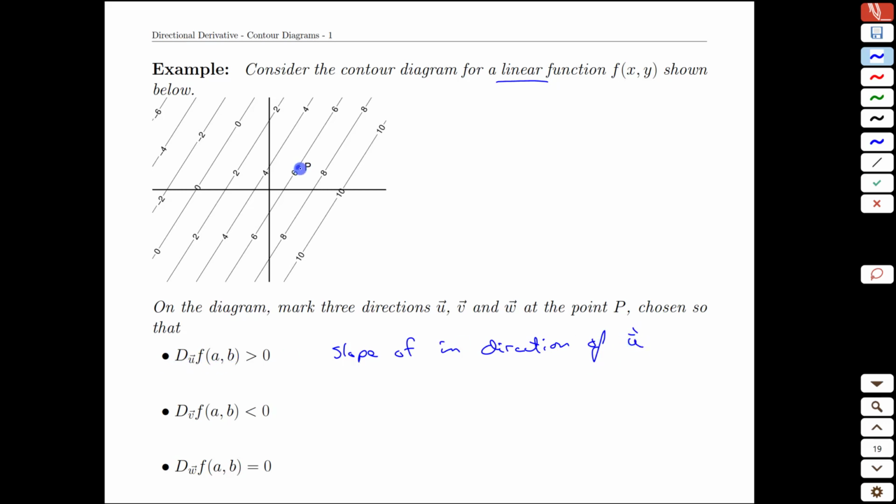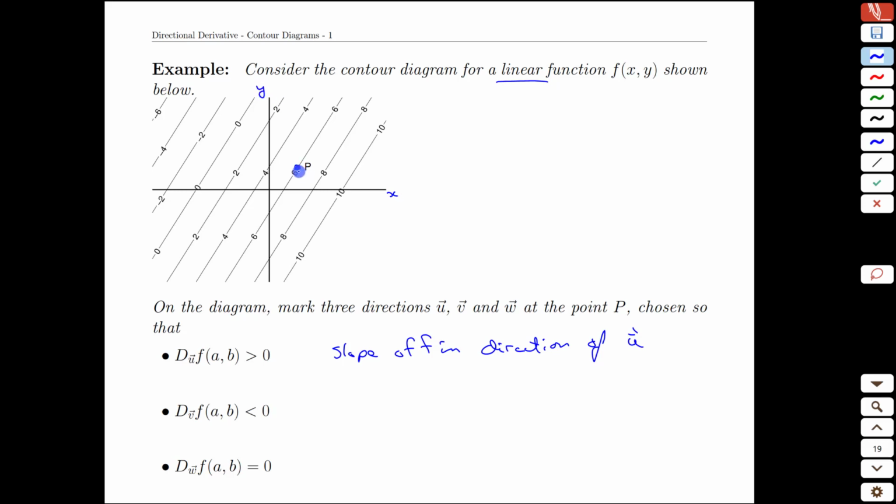And the idea is we take our reference point and we move away in some direction. And we ask, in this case here, that when we make that move, that we find ourselves going up, specifically the slope of f in the direction of u. So if we imagine ourselves here, we already saw that these numbers are going down as we move up and left on this xy plane diagram.